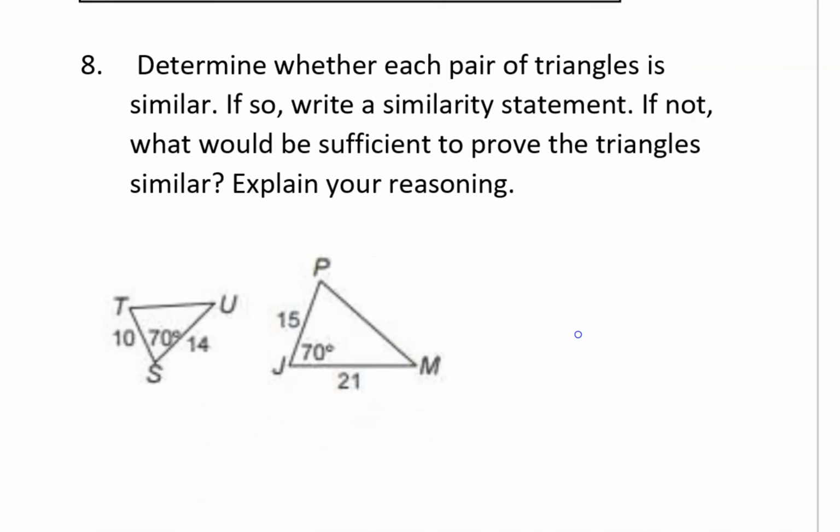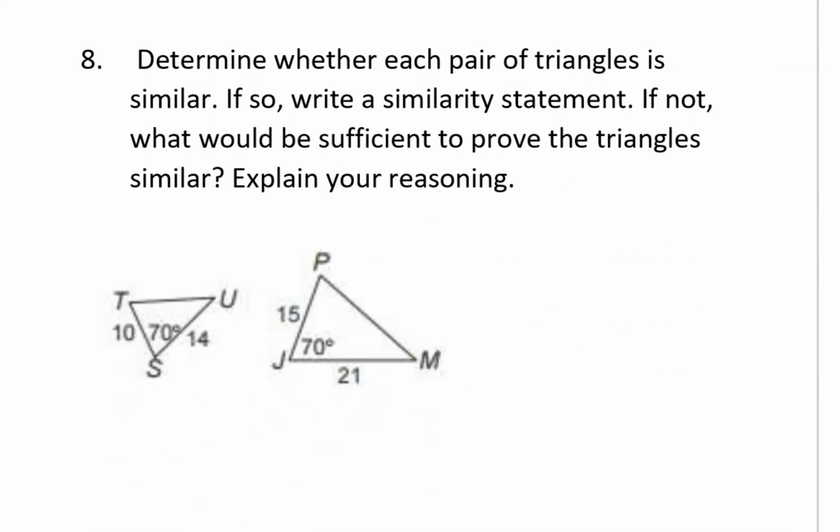All right, are they similar? Only possibility would be side angle side, because that's all you're given here to work with. We just need to prove similarity. So kind of matching up the 70 degrees, and 10 over 15, this side to this side, equals 14 to 21.